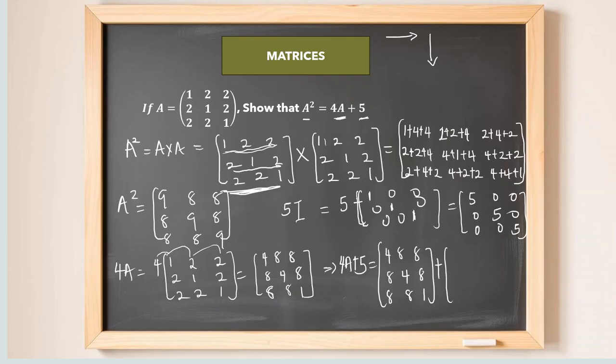Plus 5I, which is going to be 5, 0, 0, 0, 5, 0, 0, 0, 5.